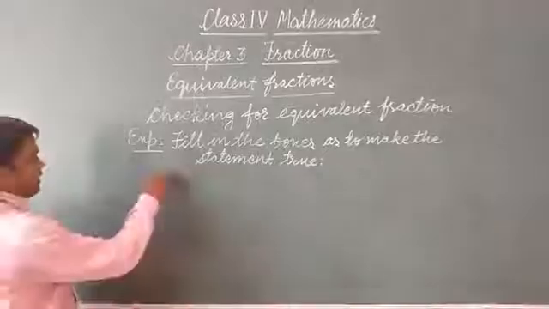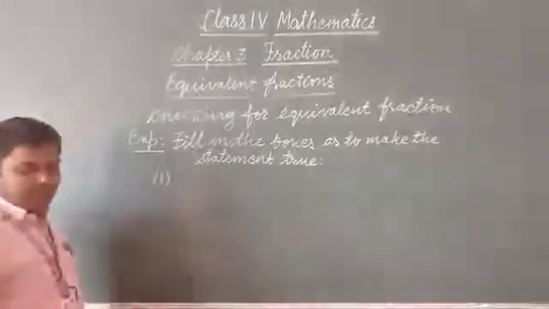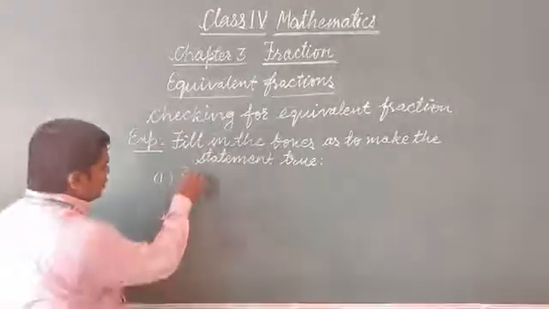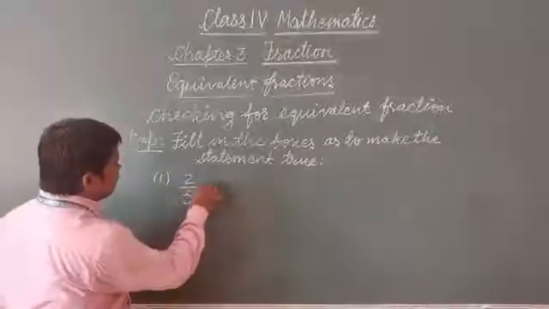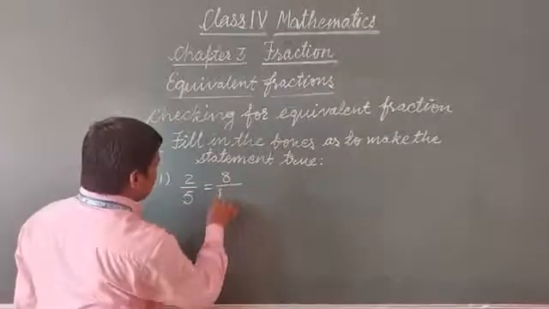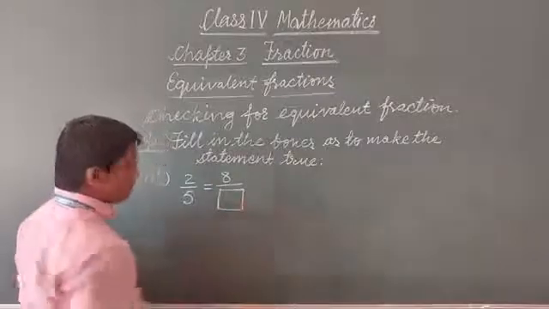The first question is here: 2 by 5 is equal to a box by 8, and here is the box.